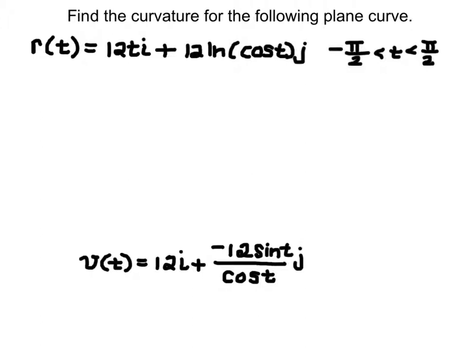And of course we can simplify this to 12 in the i direction plus negative 12 times the tangent of t in the j direction.